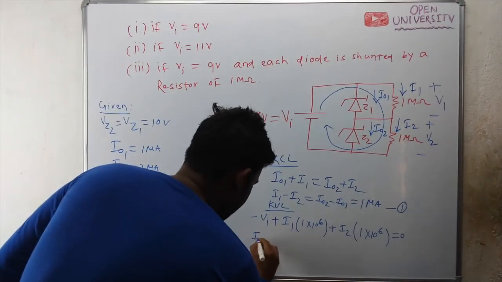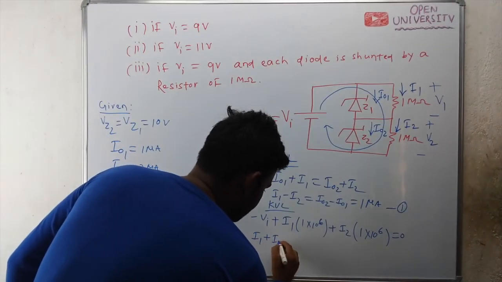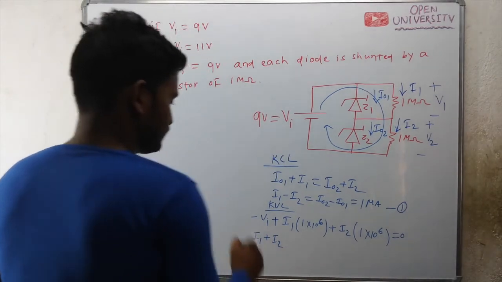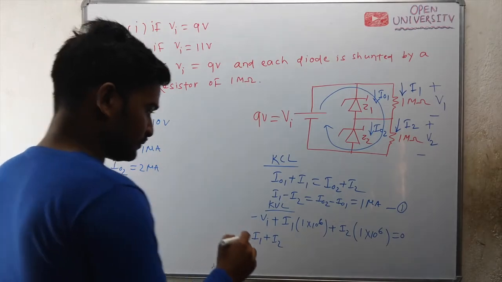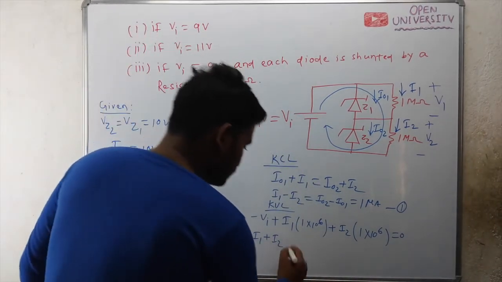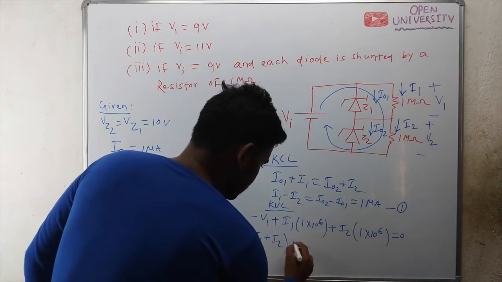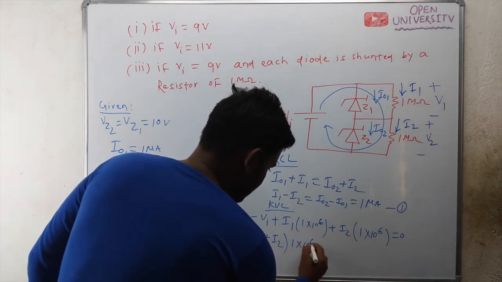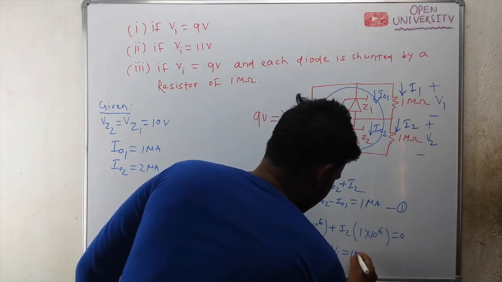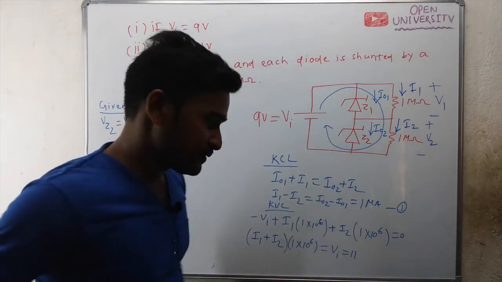So you can write I1 plus I2, into 1 into 10 power 6, equals Vi, that is nothing but 9.